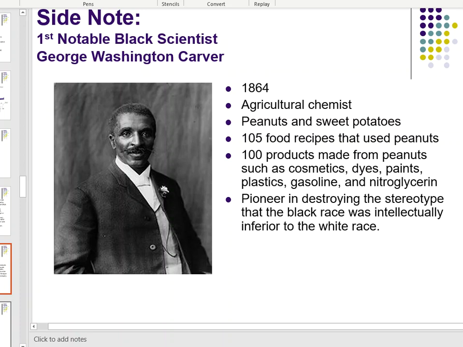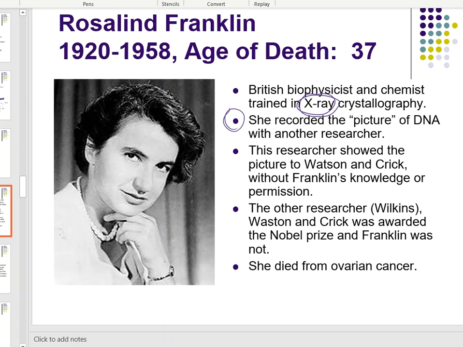And as you can imagine, very early on in this process, George Washington Carver was very important, and he was a leader in the field. But did people really want to give him credit where credit is due? Or did they want to treat them like Rosalind Franklin, where she made a large contribution to science and basically received no credit for it? Think about it. If you've taken a biology class, did you ever mention this woman?